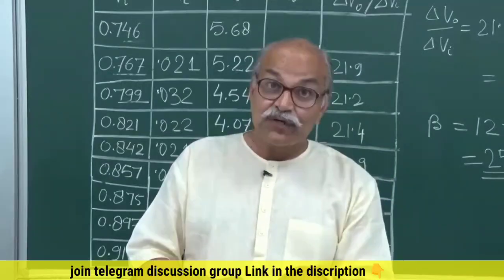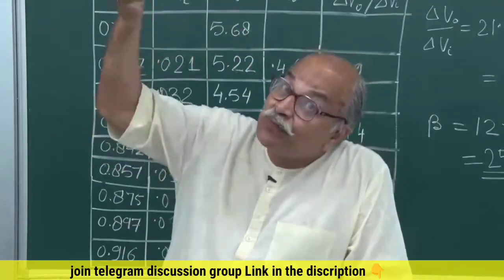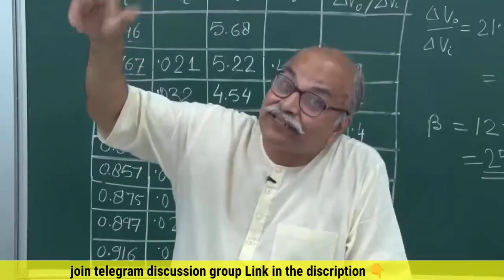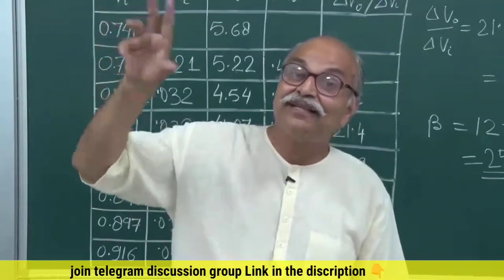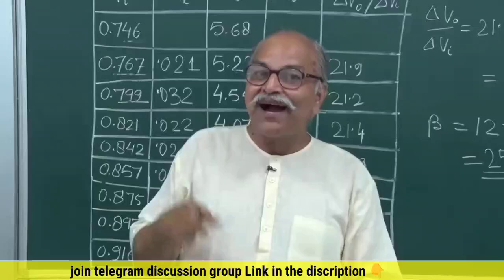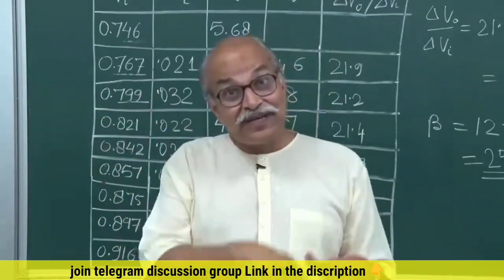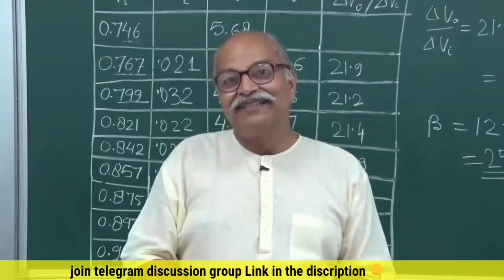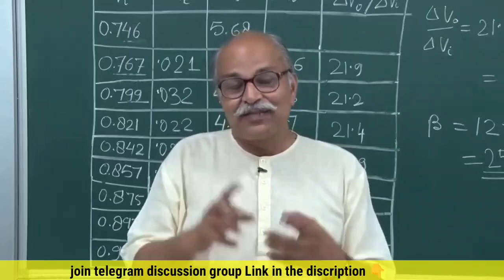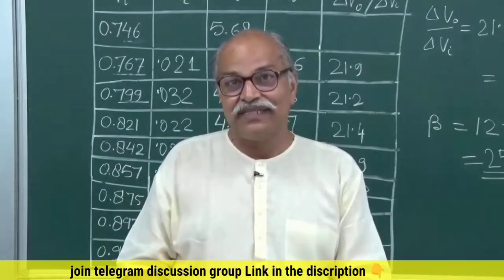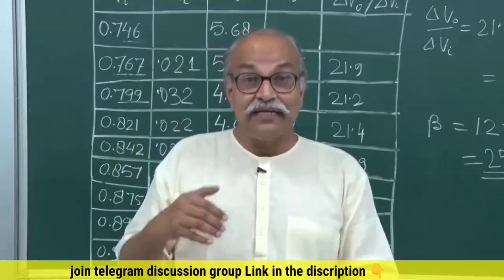So you are switching in the base circuit, and what we are controlling is the output. You are doing something here and the result is appearing there. So you are controlling a high current circuit from a low current circuit, and that is the benefit. That is how the switching takes place, and that is why a transistor is used for switching. And in digital electronics, the switching from high value to low value at a faster speed is very, very important, and all these things make the transistor a useful device for a switch.